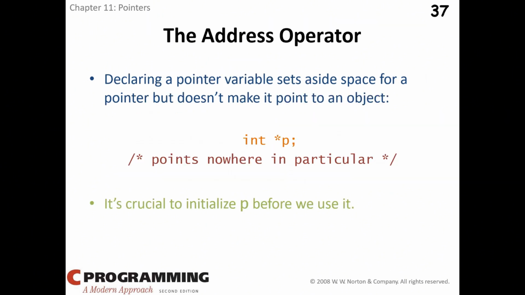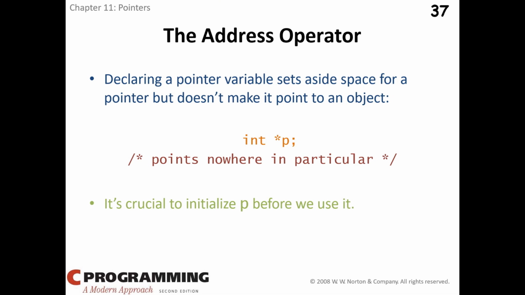When we declare a pointer variable in C, such as int *p, we allocate memory for the pointer itself, but it doesn't initially point to any specific location in memory. In other words, the pointer p doesn't have a defined value or address assigned to it at this stage. This is a crucial point to understand. Declaring a pointer variable just reserves memory space for it, but it doesn't automatically make it point to any particular object or variable in memory. Therefore, it's essential to initialize the pointer before attempting to use it.